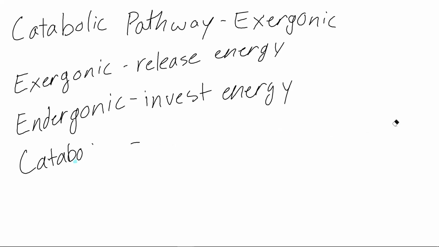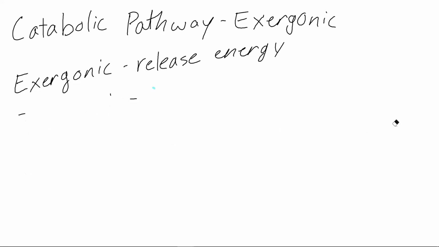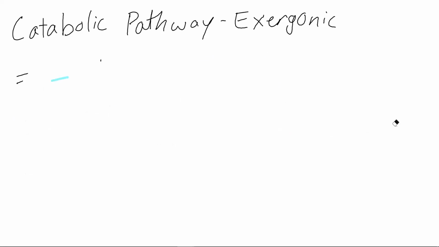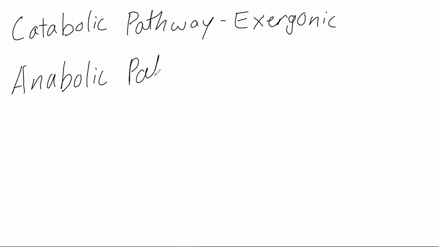I'm going to erase all of this now that y'all know endergonic versus exergonic. We're going to cover more of that in a little bit, but right now, let's just cover the opposite of the catabolic pathway, anabolic pathways. If a catabolic pathway is exergonic, an anabolic pathway is endergonic. The exact opposite.